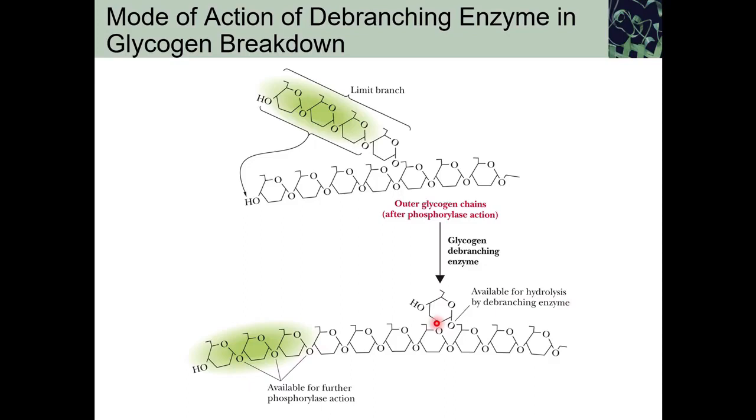All right. So this transferred branch will continue to be degraded depending upon the need of the muscle cell. For example, if the muscle cell needs more glucose, that will continue to be metabolized, right?